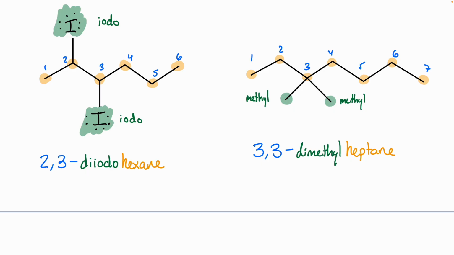Everybody forgets to put the two, over here it made sense. They were on different locants. We put them both in the name. When they're on the same carbon, everybody forgets to put both of them down there, right? So remember, we got to include the locant of both of them. So 3,3-dimethylheptane.